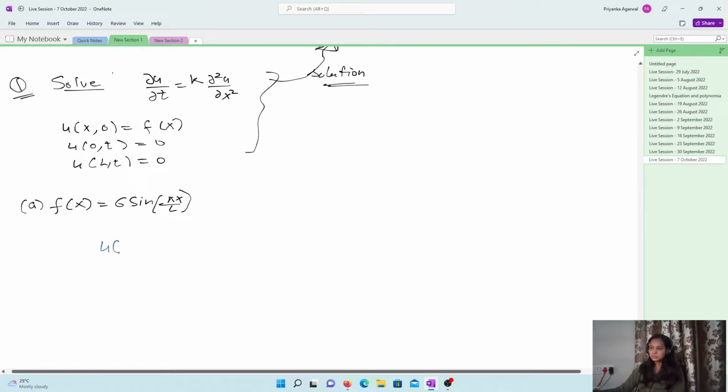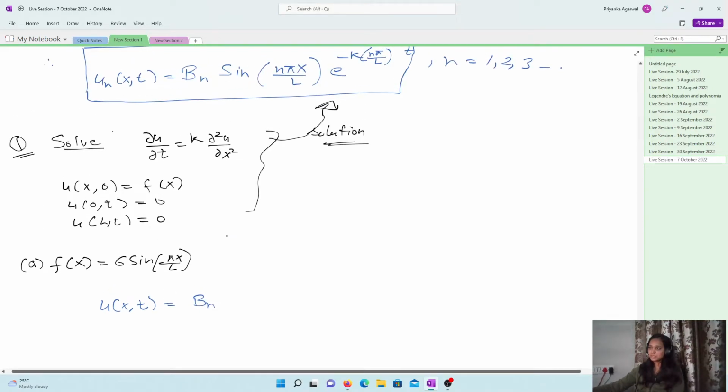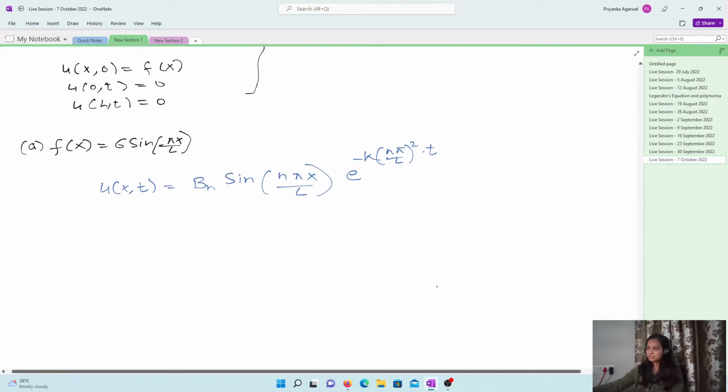So basically u(x, t) is equal to the sum of bn sin(n pi x over L) e to the power minus k (n pi by L) square into t, right?